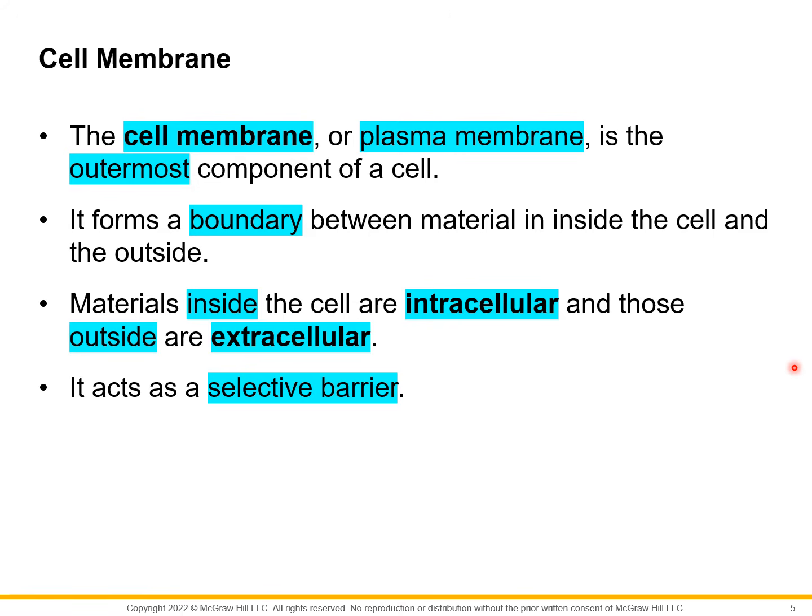So the cell membrane also acts as a selective barrier. So ang cell membrane po, it actually has these tiny pores or channels that could open up whenever it is needed. Pero hindi po ito basta-basta nag-open up to any material that attempts to get inside of it. So that's what we mean when we say selective. All right.